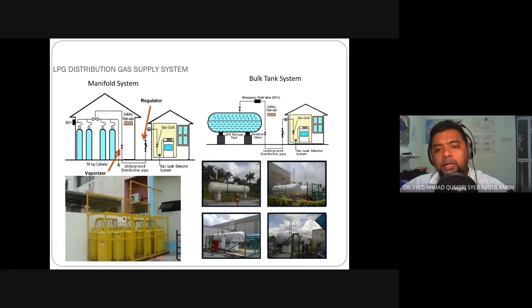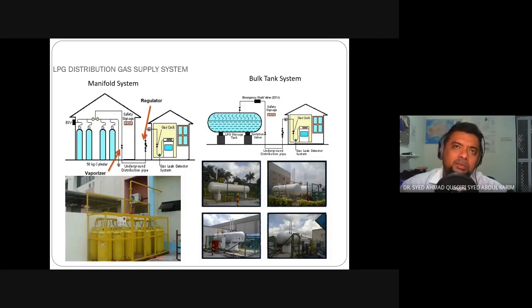Next, we have the bulk tank system. Usually the bulk tank system is used because of its very high capacity. So the bulk tank system is typically a lot bigger than the manifold system. Depends on the usage.